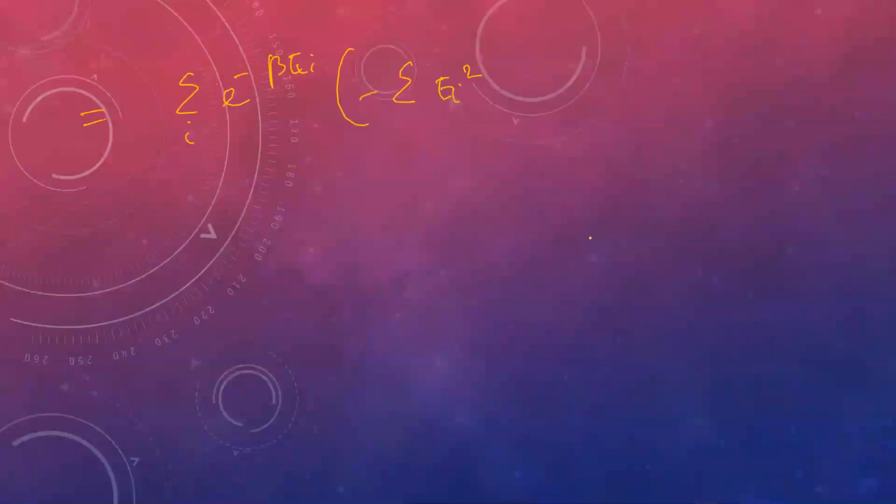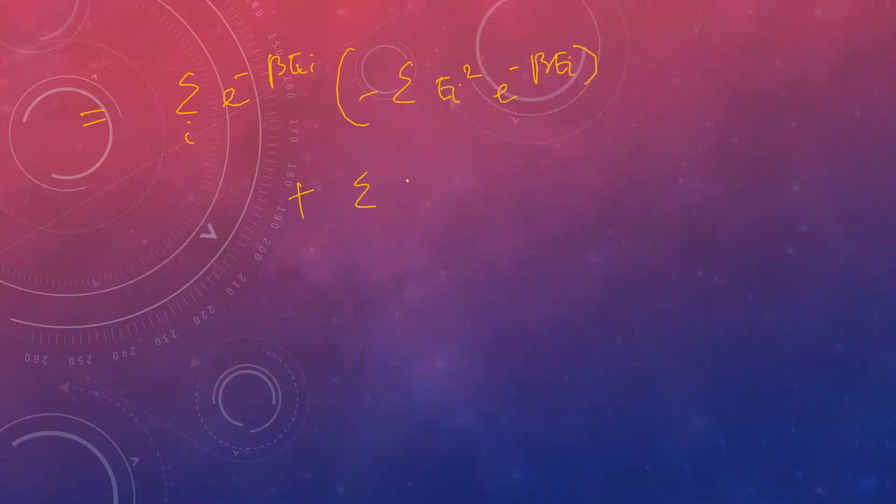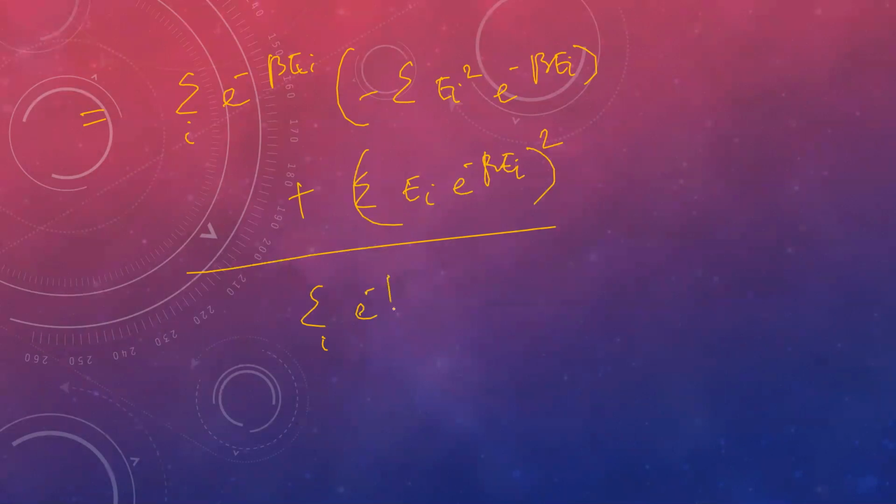So I can write summation e to the power minus beta Ei times summation Ei square e to the power minus beta Ei, plus summation Ei e to the power minus beta Ei whole square, divided by summation e to the power minus beta Ei whole square.